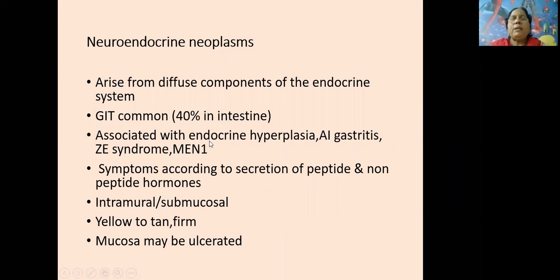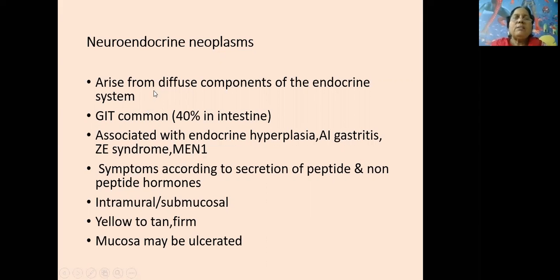It is usually associated with endocrine hyperplasia, which, as I told you, happens in autoimmune gastritis, also Zollinger-Ellison syndrome, where gastrin is secreted more, and MEN-1 syndrome.